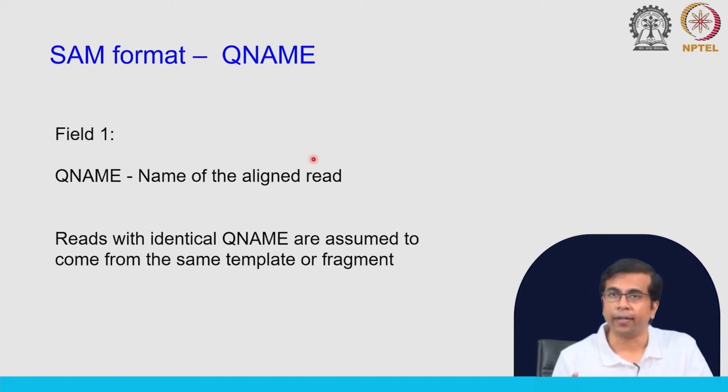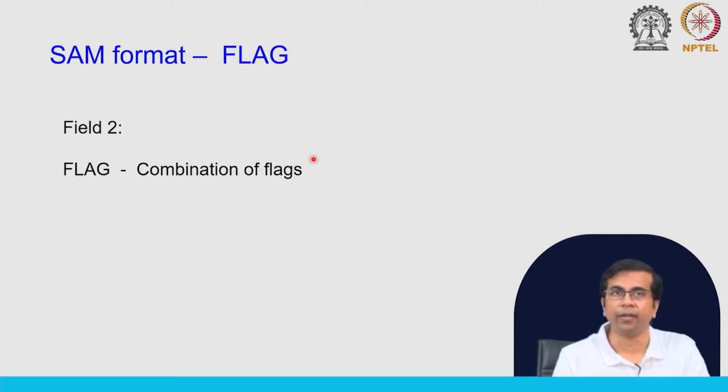If you look at the header names, the names are identical except a second field, where the read number is given, 1 or 2. That is not part of QNAME. That second part of the header in the FASTQ file is not part of QNAME. As you will see in a moment, the QNAME consists of the first part of the header in the FASTQ file. So, it simply tells us the name of the aligned read.